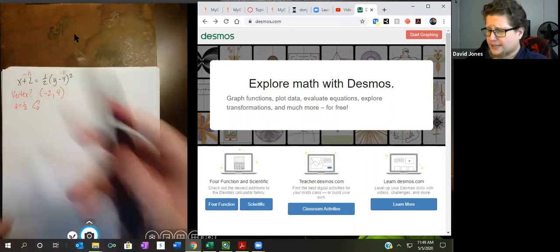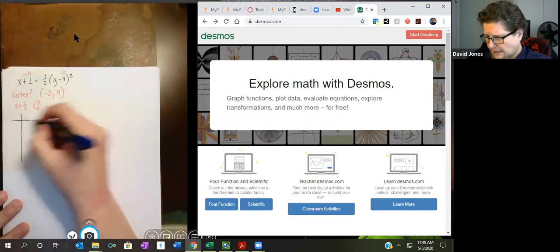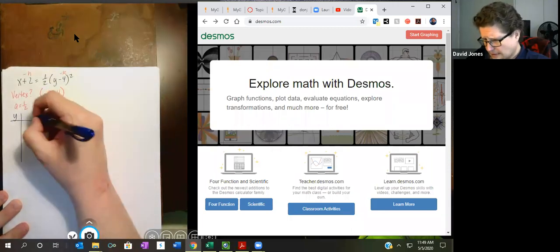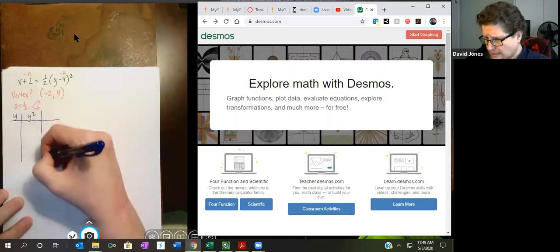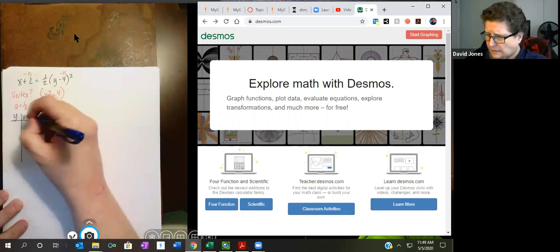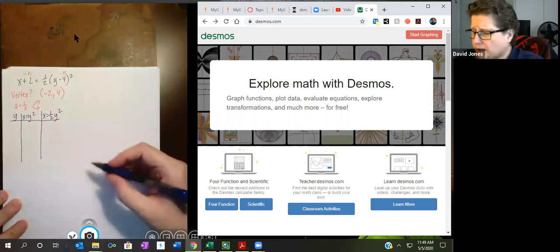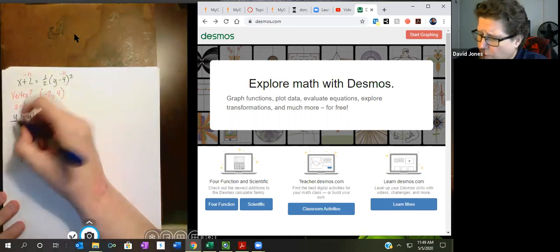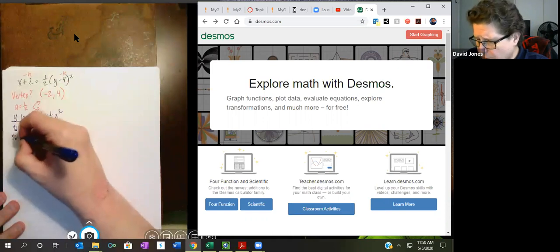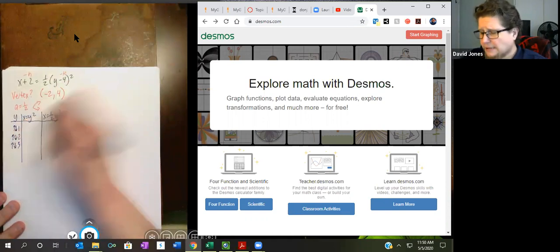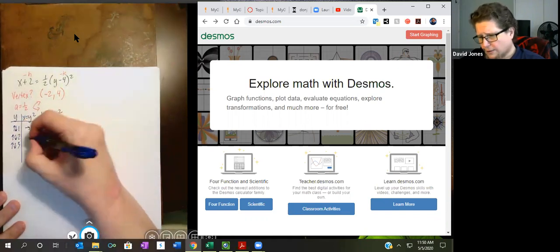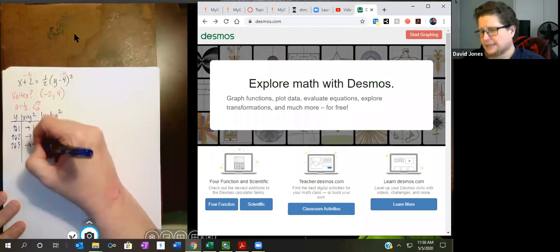And let's see how much it scales it. So we used to do up or down 1, up or down 2, and up or down 3. Squaring that made it right 1, right 4, right 9.